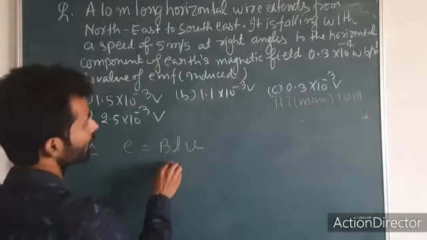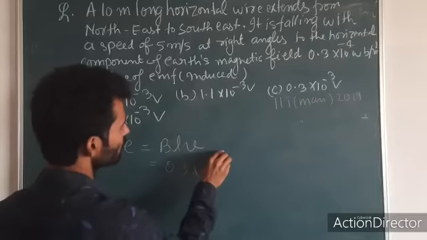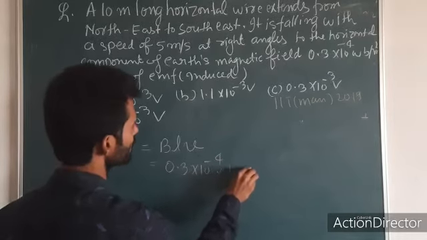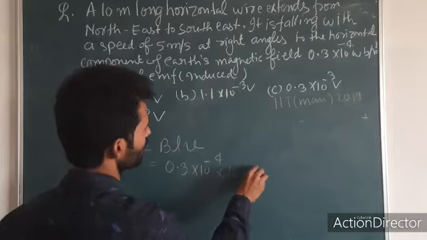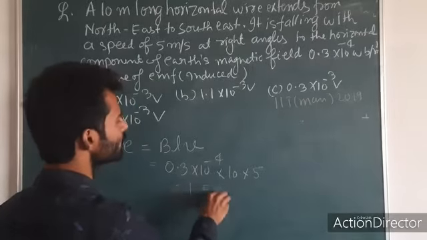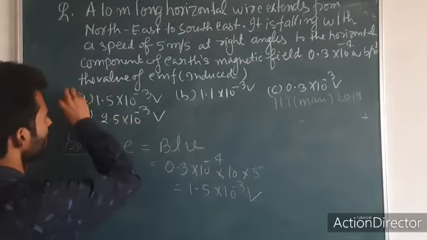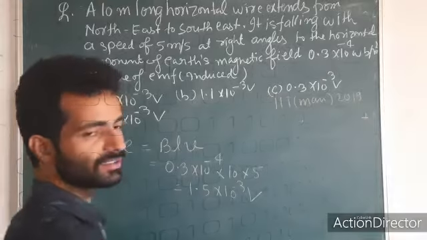So putting the value of 0.3 into 10 raised to power minus 4, into length means 10 meter and V means 5, this will equal 1.5 into 10 raised to power minus 3 volt, which is the correct option A. This is the required answer.